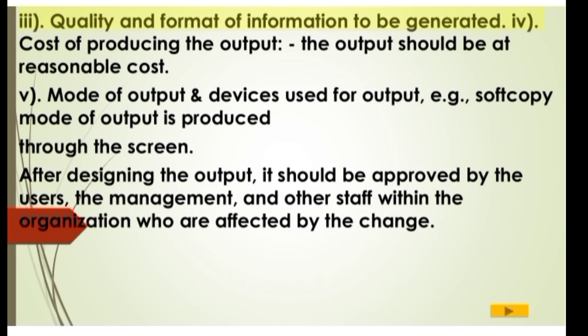Quality and format of information to be generated. IV. Cost of producing the output. The output should be at reasonable cost. V. Mode of output and devices used for output, e.g., soft copy mode of output is produced through the screen. After designing the output, it should be approved by the users, the management, and other staff within the organization who are affected by the change.